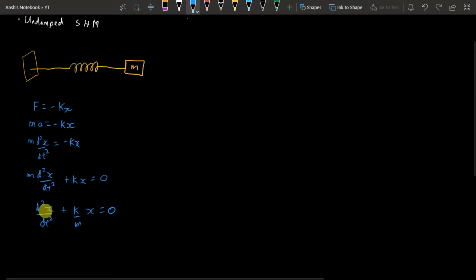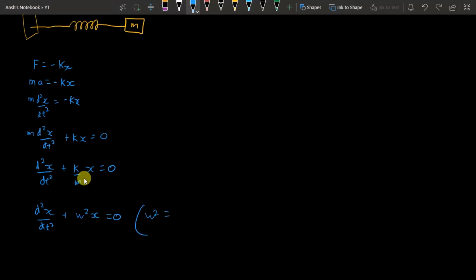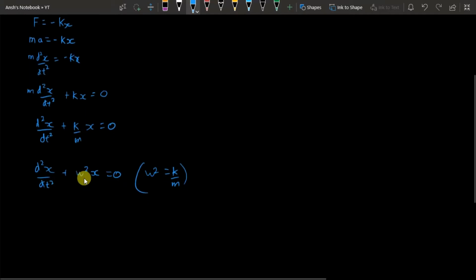Solving this differential equation will give us a function of x that describes the displacement of this mass from its equilibrium position. So let's solve this differential equation. We'll make one more substitution here: in the second term, we'll write omega square instead of k over m, and we just do this because it makes our calculations a little easier.